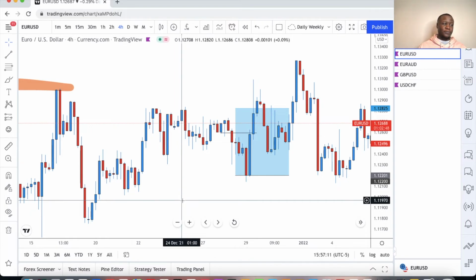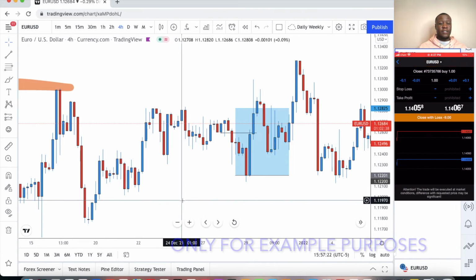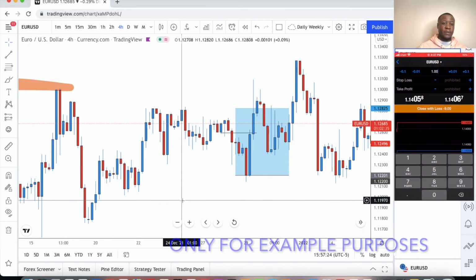All right, so the way you take partial profits off in MetaTrader 4, you simply go to close the trade, and then you click on the pip amount, and then you just take the percentage off, whatever percentage it is.